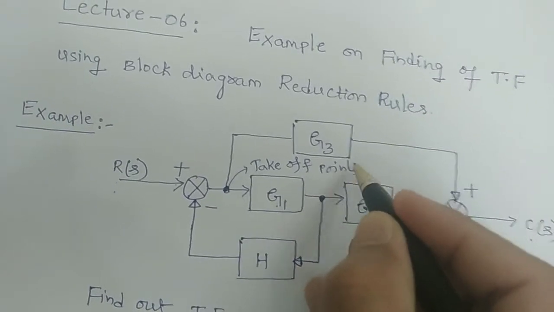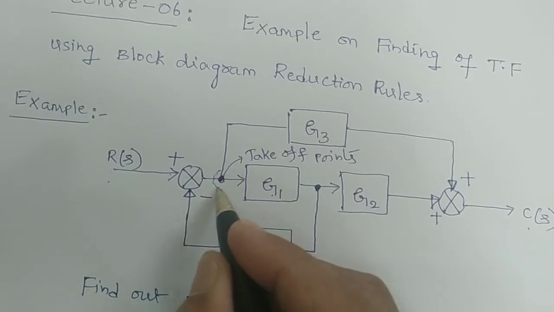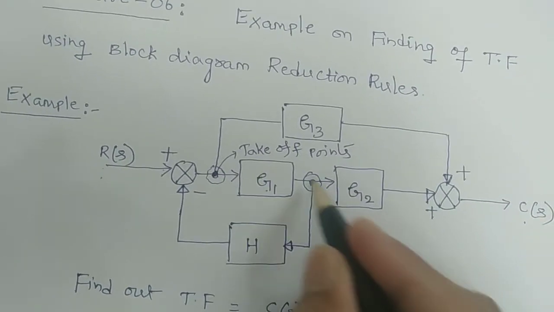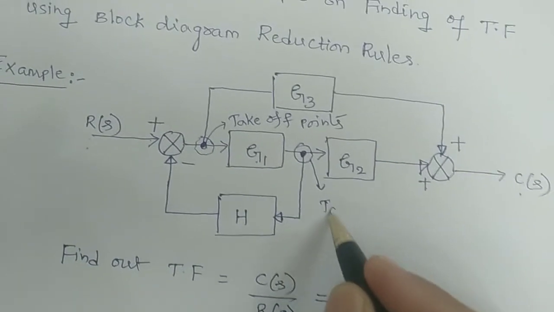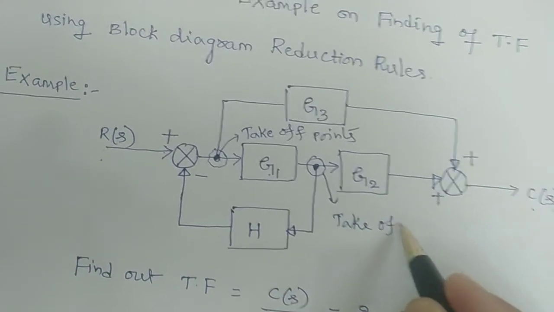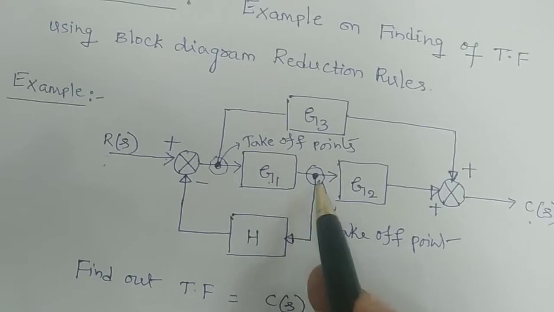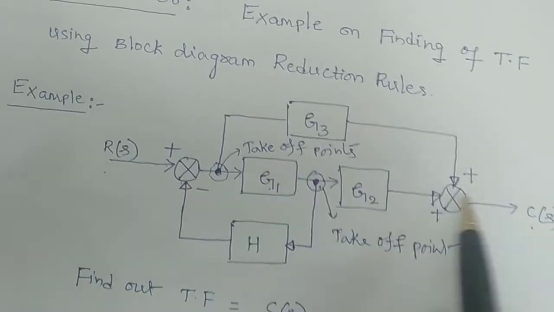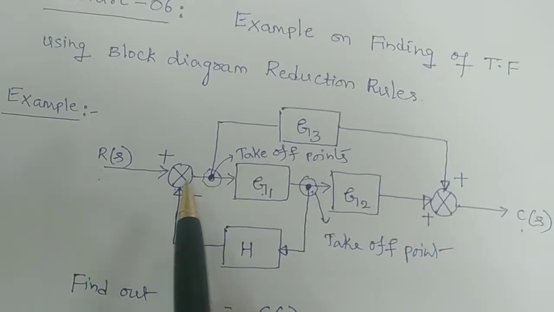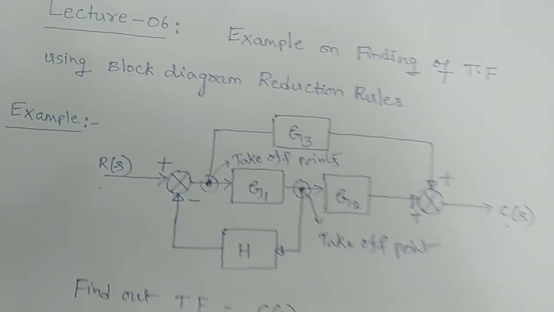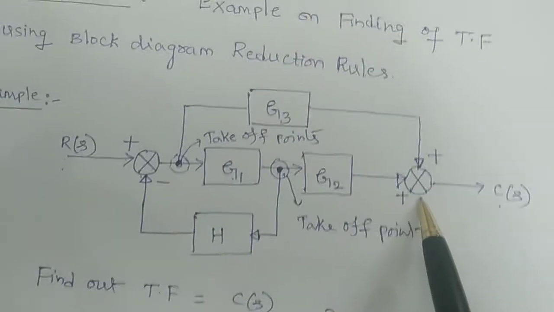For your understanding, I am writing: this is one takeoff point, this is another takeoff point. Similarly, this is a summer, this is also a summer. Normally you will have a summer at the input stage, and this one at the output stage.